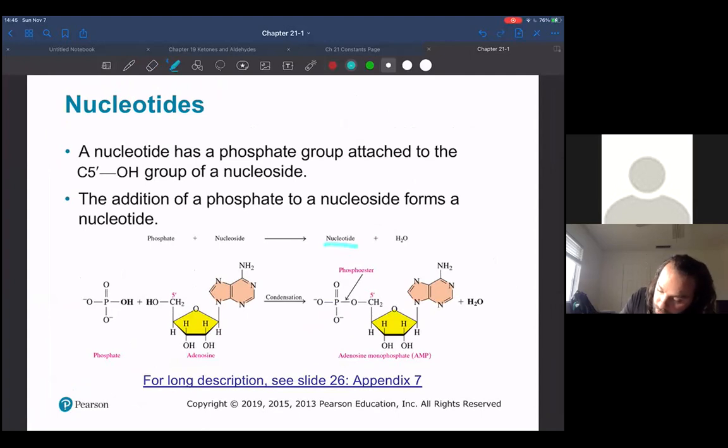Okay, so let me actually do this. This thing right here is the base. It's what differentiates all the different nucleotides. This right here, the base plus the sugar, this is the nucleoside.